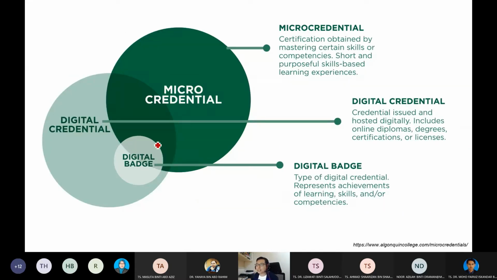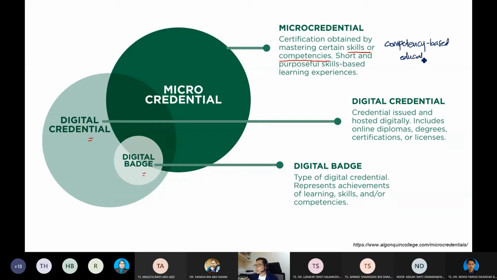I mentioned just now digital badges, digital credentials, like what MQA is defining micro-credentials, and what is actually a micro-credential. Now, what we should know about micro-credentials is that usually it's only for skills and competency. So if we are talking about micro-credentials, we should look at competency-based education.